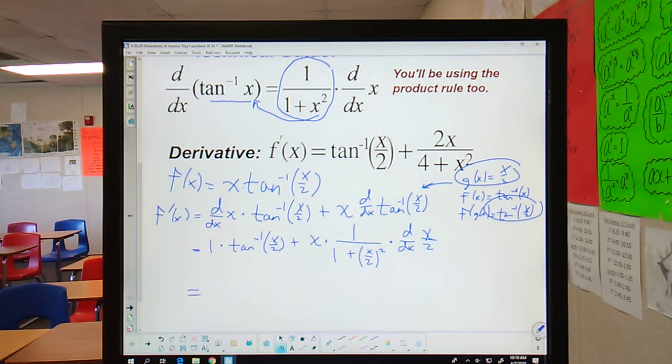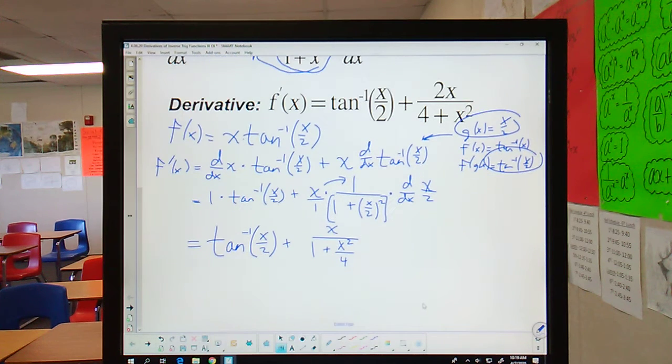Okay, so we have inverse tangent of x over 2 added to, right here you have a 1 underneath that x. So that x is multiplied by that 1 right there, so that's just x on top there. 1 multiplied by all of this down here is going to be 1 plus x squared over 4.